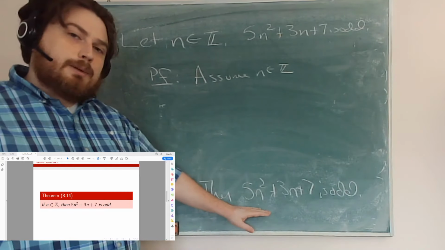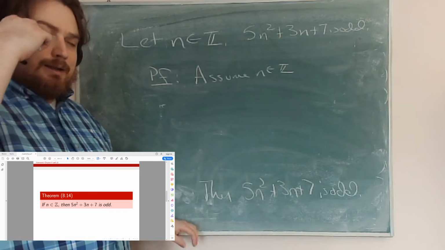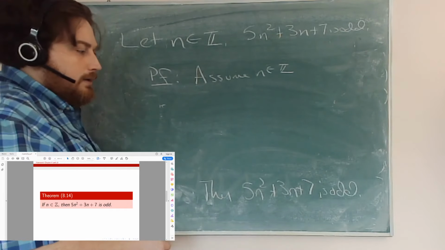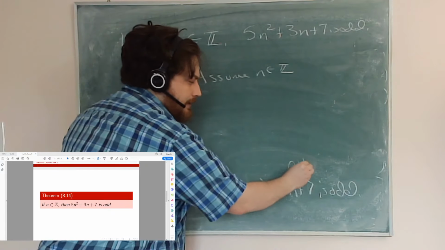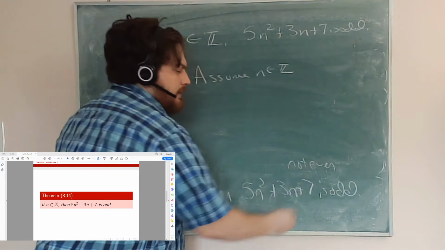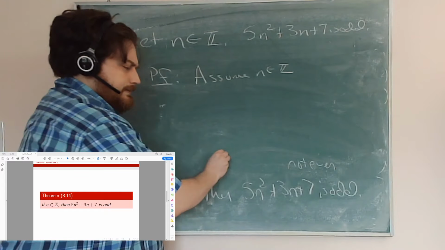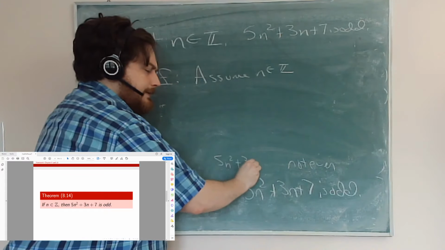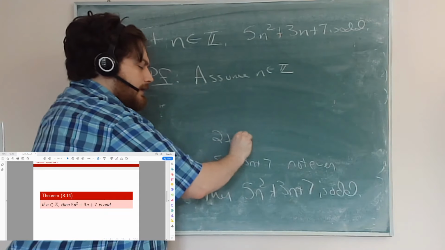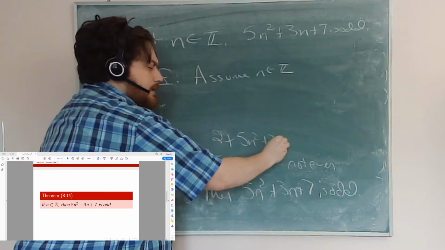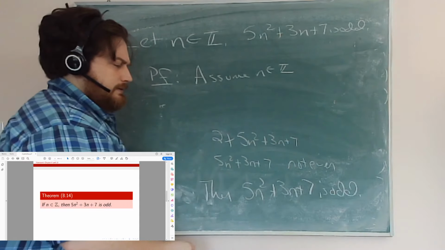So I'm going to start from the bottom and say, what does it mean to be odd? It means that this is not even. It also means that 2 does not divide 5n squared plus 3n plus 7.